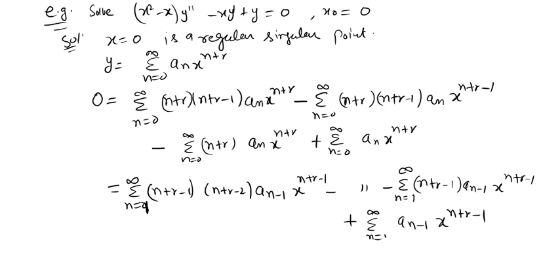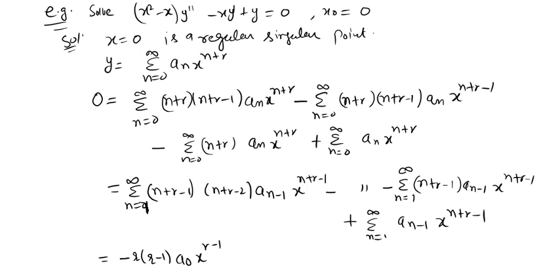Now you need to combine all, and I am writing separately for the second term. So here just write for n equal to 0, not for the last, but from the second sum. So write separately for n equal to 0, which gives you (r minus 1) a0 x^(r minus 1).